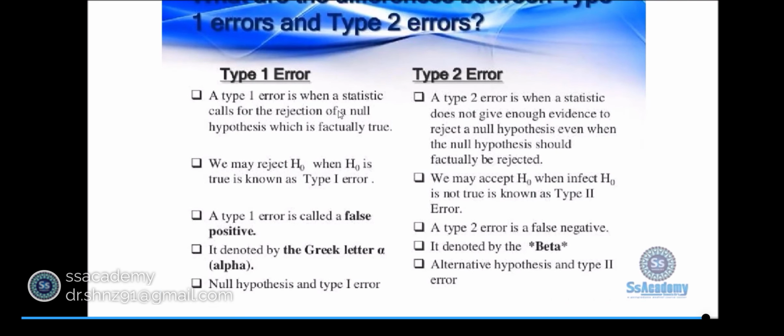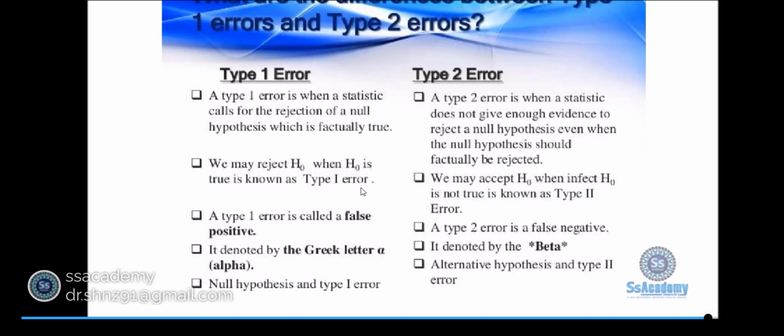A type 1 error is when the statistics call for the rejection of a null hypothesis which is factually true. A type 2 error is when the statistics do not give enough evidence to reject the null hypothesis, even though the null hypothesis should factually be rejected. We may reject H0 when H0 is true, known as a type 1 error.